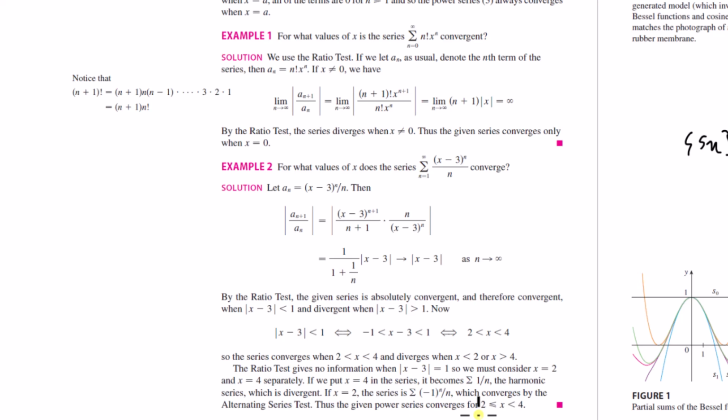What they're saying is, this was shifted by 3 units to the right. We can't have an interval of convergence of like -5 to -1, because then that's not centered about the center point. The center point we can see is +3. So the radius of convergence is, again, centered about the center point.